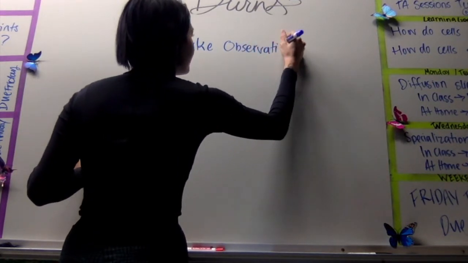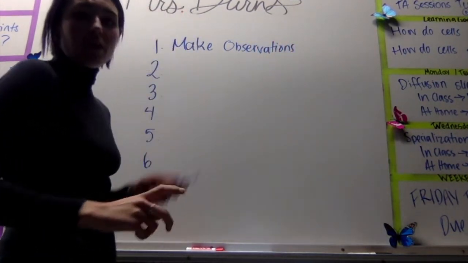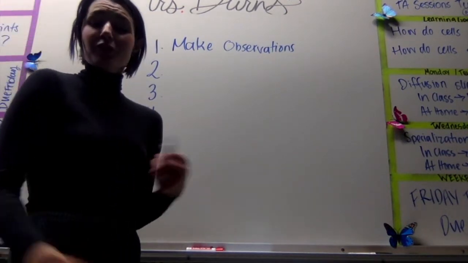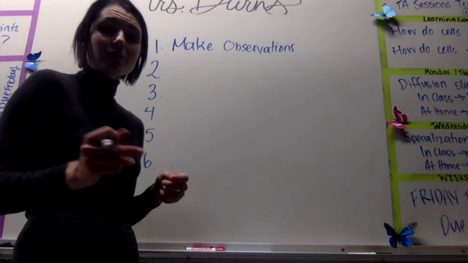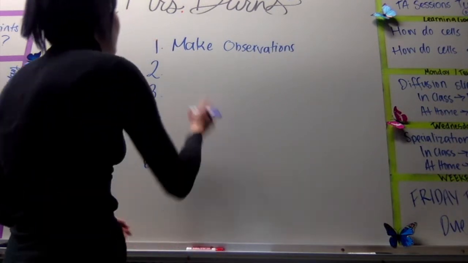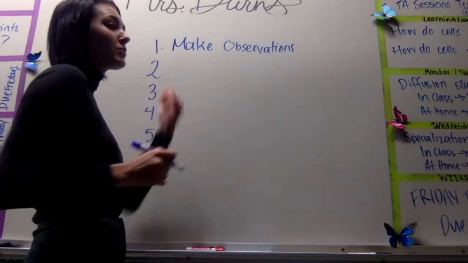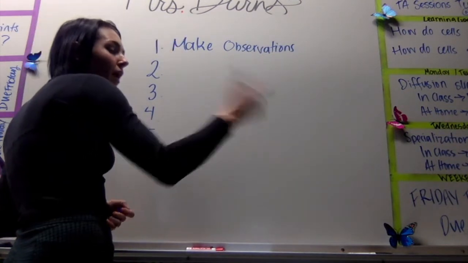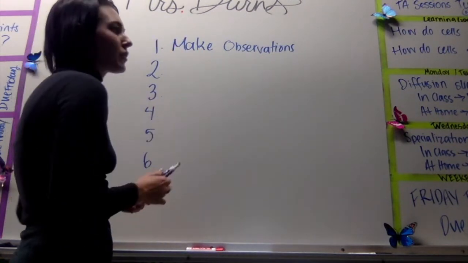Well, after you've made your observations, then you want to figure out what you're testing, what you think is going to happen, what you're looking to do. So that's where forming a hypothesis comes in, right? So when you were making your observations about the diffusion lab, you're like, okay, great, the hot water seems to be diffusing faster than the cold water.